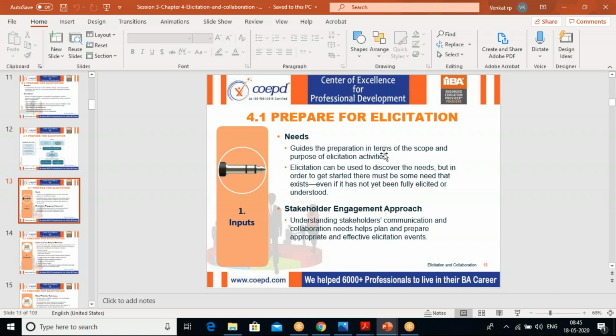Elicitation means we are going to interact with the stakeholders and understand their needs. We first need to understand what sort of needs they will be communicating to us, and where there will be gaps, and then we start the preparation for the elicitation.